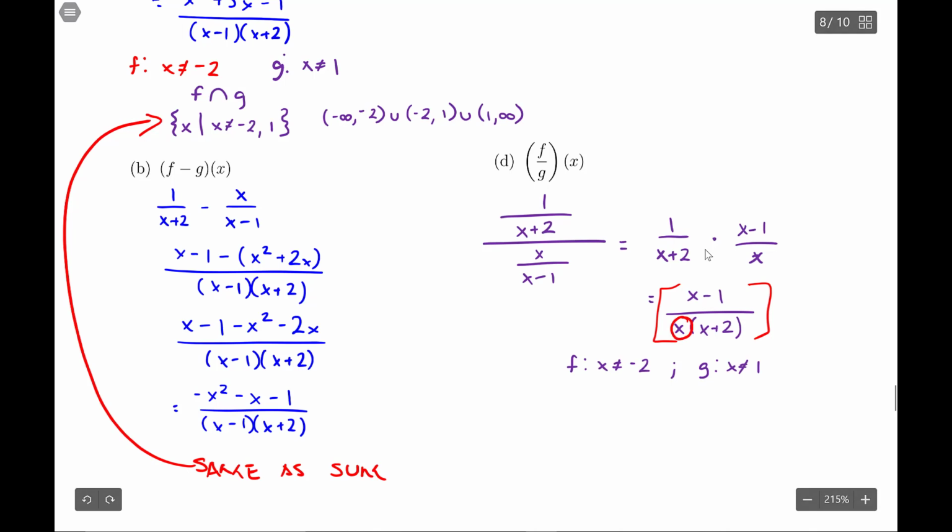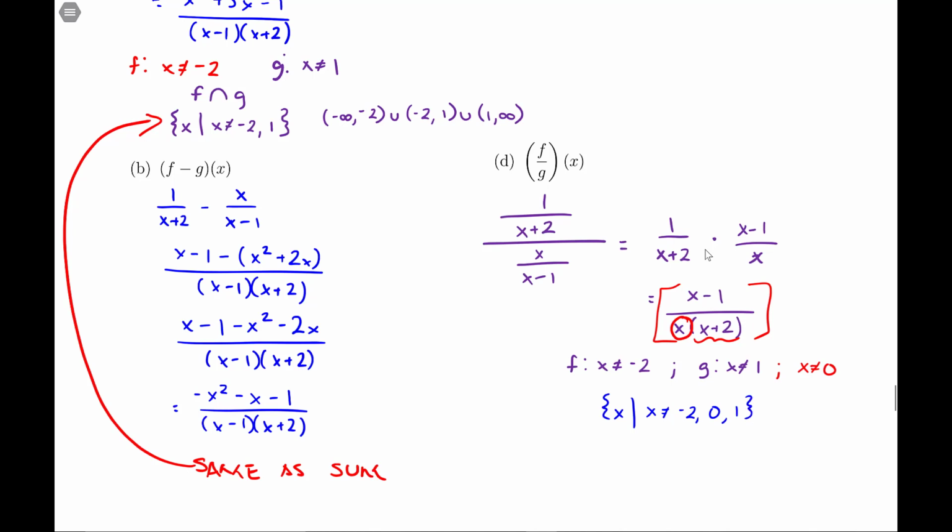Because of this x right here, we know that x can't be 0, because if we multiply the quantity x plus 2 by 0, then the denominator goes to 0, and we have an undefined function. So now we also have to include that x cannot be 0. So for the domain on this one, x cannot be -2, 0, or 1.